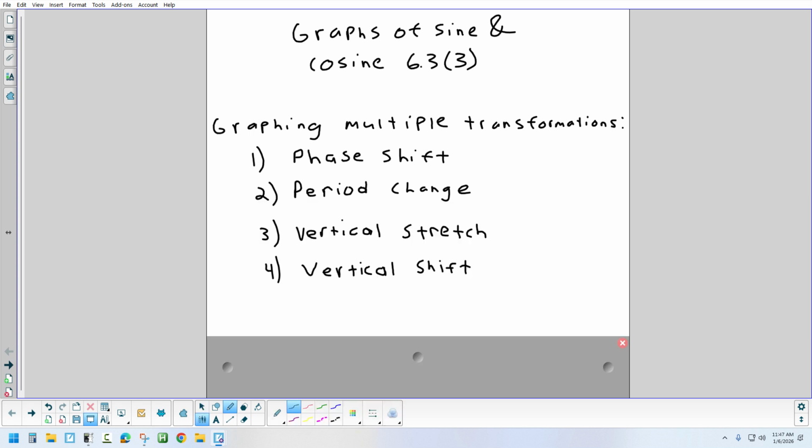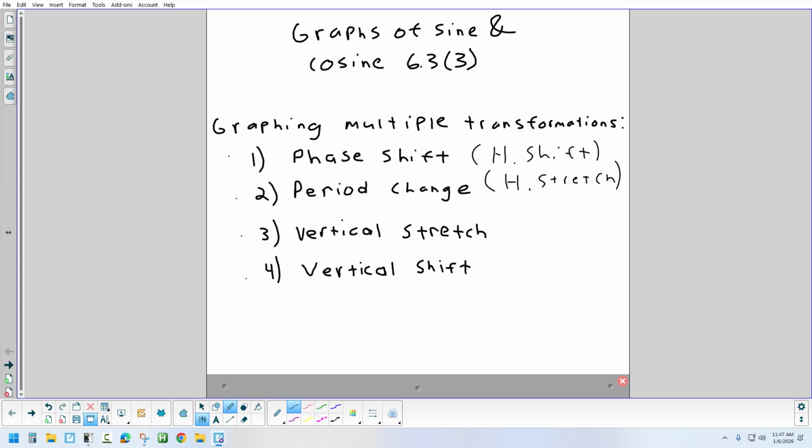And just in case we don't remember which ones are which, phase shift, that's the horizontal shift. Period change is the horizontal stretch. Vertical stretch and vertical shift. And if you look back at the notes as we were going through it, I used the letters A, B, C, and D. So if I put it all together in one function, it would look something like this.